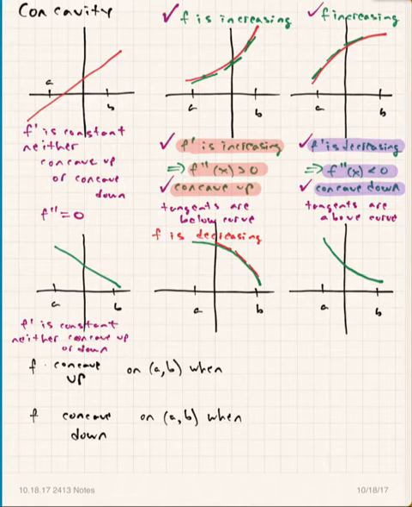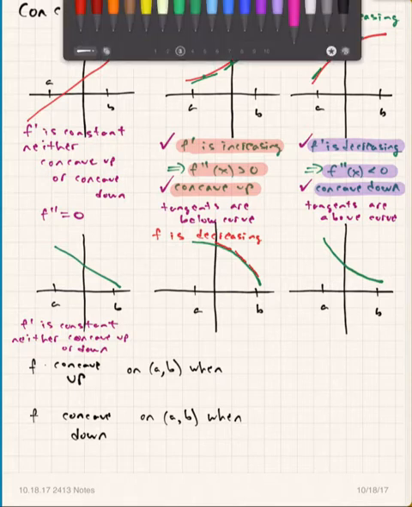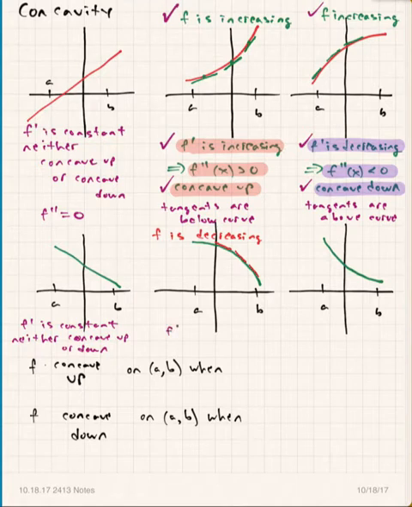Because they're getting to be bigger and bigger negative numbers, they are decreasing. And so we say in this picture that f prime is decreasing. If f prime is decreasing, then the second derivative must be negative. And so this function is concave down also. Right, so this middle picture is concave down.